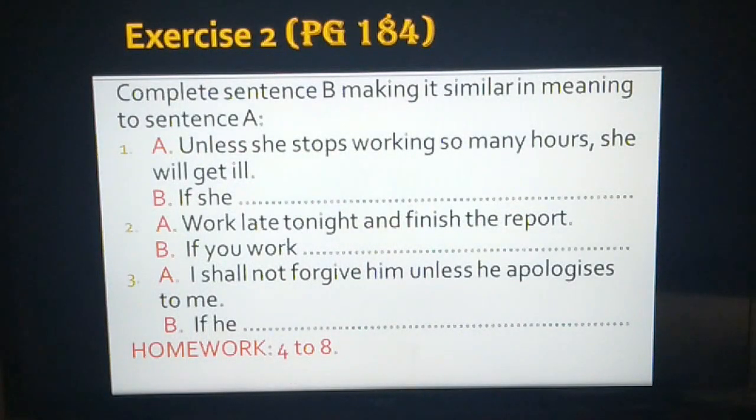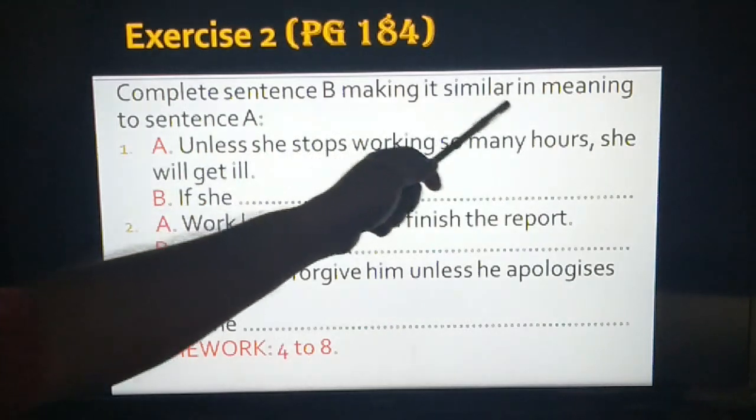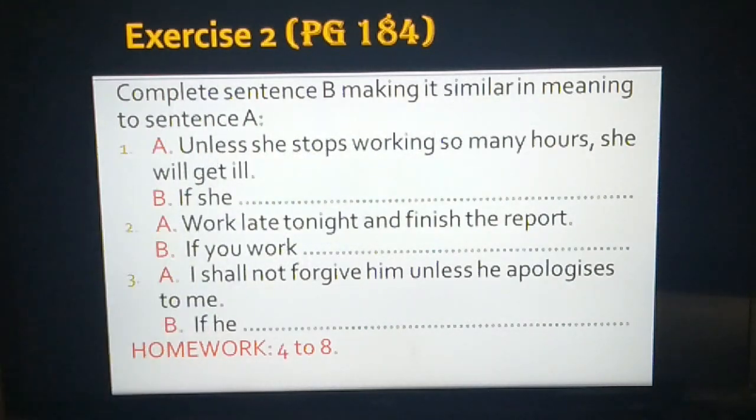So here, exercise 2 on page number 184: complete sentence B, making it similar in meaning to sentence A. What are the sentences here? Unless she stops working so many hours, she will get ill. So find out the answer for this.